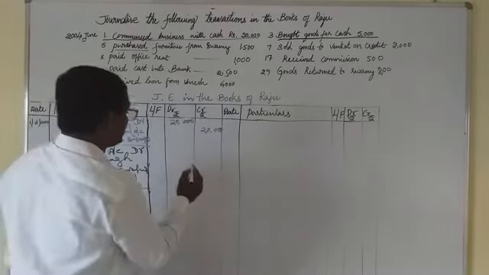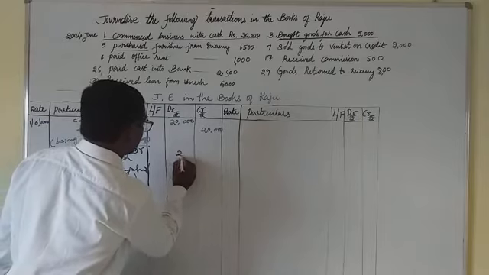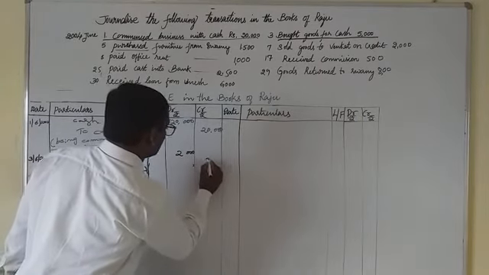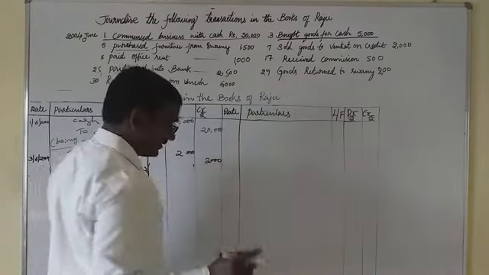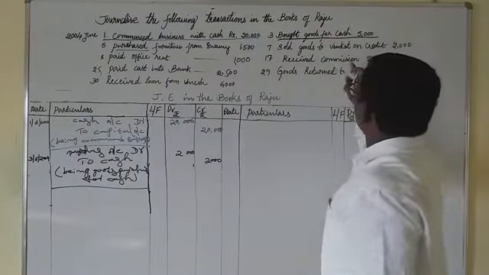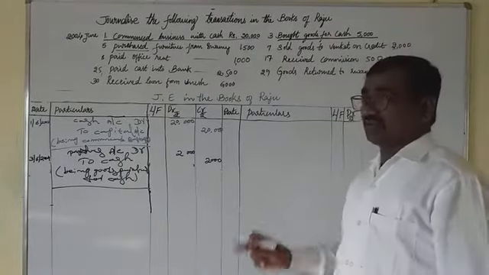How much? 5,000. See the entry. Bought goods for cash rupees 5,000.